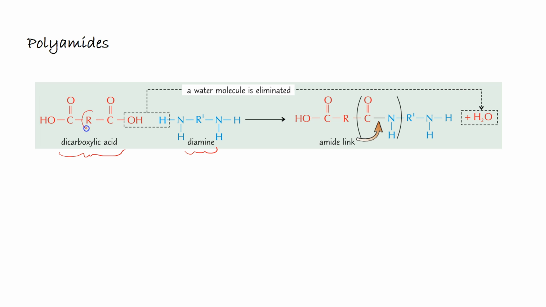This time in between we can have an alkyl group, and again we'll see that these can be either simple carbon chains or they can be slightly more complex benzene rings. These will polymerize again, and per link that is formed there'll be one water molecule. So we'll see as we tend to form one whole polymer, we'll get two water molecules per repeating chain.